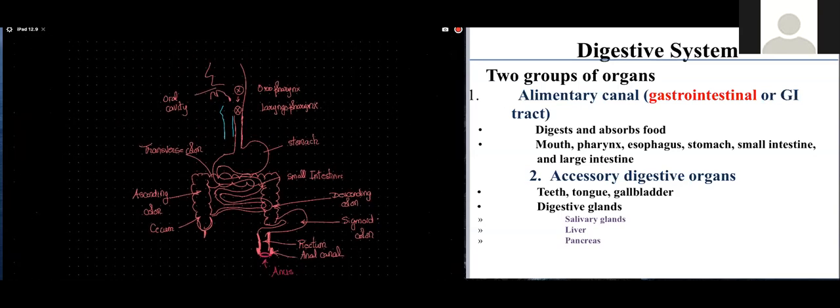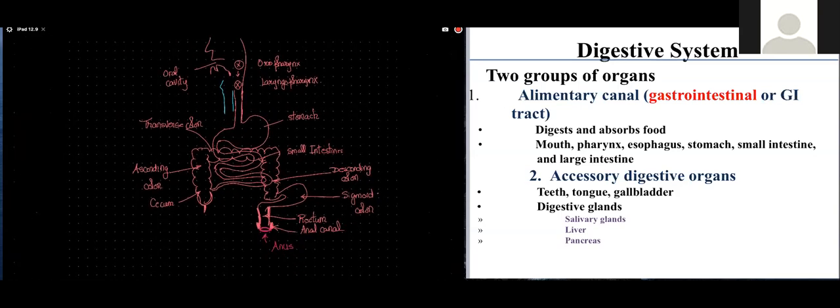So again, what we're looking at in here, we're looking at the first set of organs that will be sharing in the formation of the digestive system. We've got the oral cavity, then the oropharynx, laryngopharynx, then we've got the esophagus.